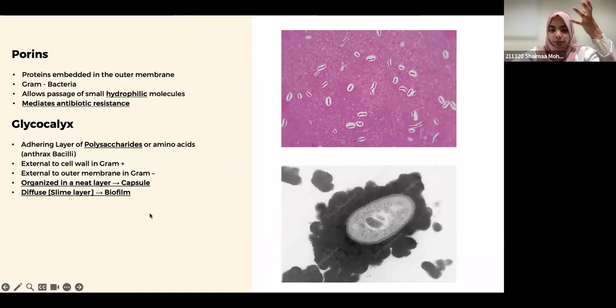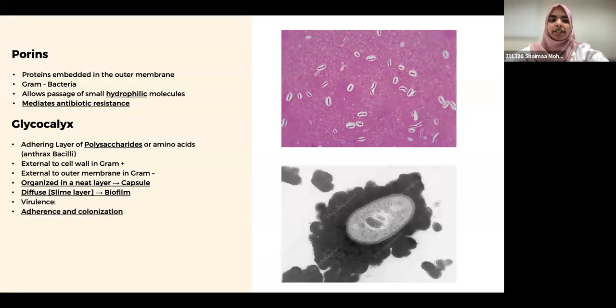And what is the importance of this glycocalyx? It mainly acts as a virulence factor, okay? So having a glycocalyx, a capsule, or a biofilm is a virulence factor for a bacteria. How? These glycocalyxes help in adherence and colonization.